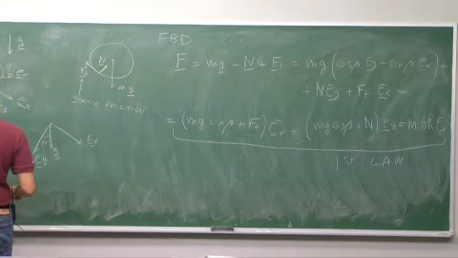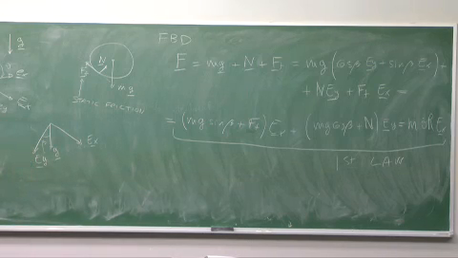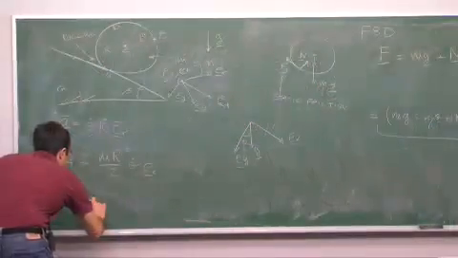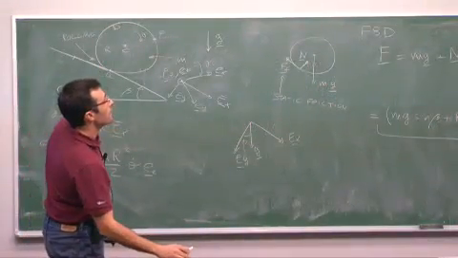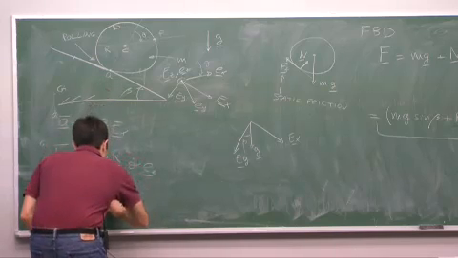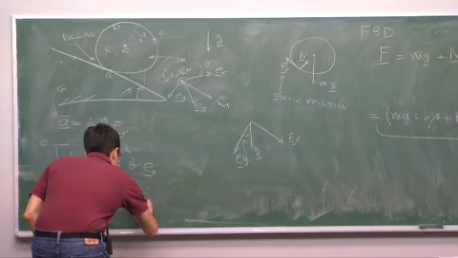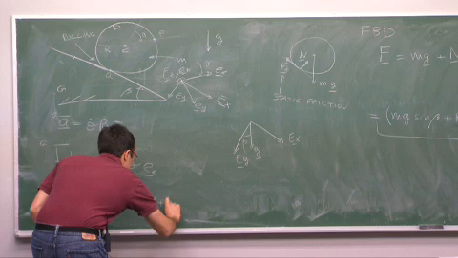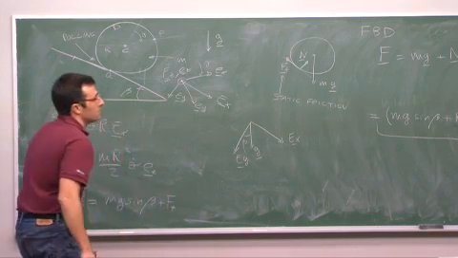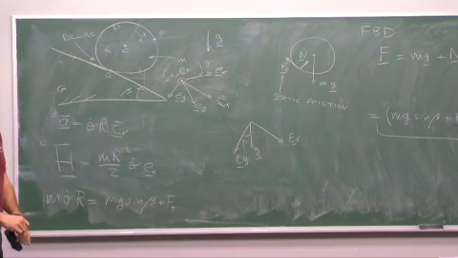We actually have found that m theta double dot big R is equal to what? What I have there, mg sine of beta plus force of friction, the magnitude, right? Agree?